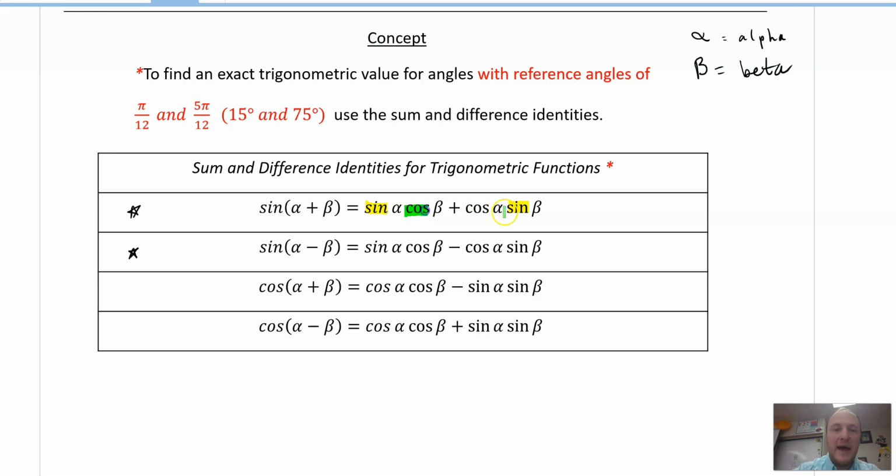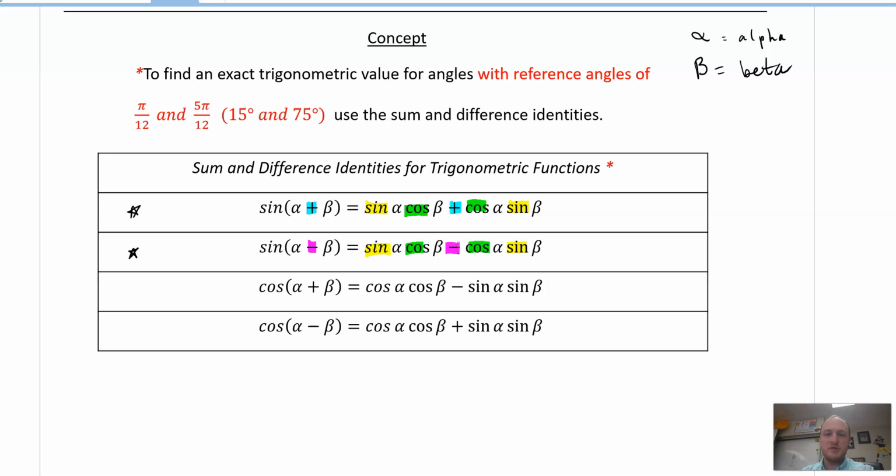That pattern holds true for both of the sines. And in between, for the sine, if it's addition, you're adding, and if it is subtraction, you're subtracting.